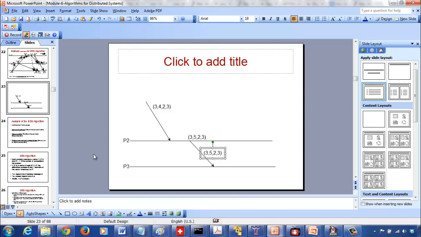So what it should be is P3 should have received all those 3 messages from P1, all those 4 messages prior to this message from P2, and all those 3 messages from P4, because the sending of this particular message happened after all those messages were sent by the other processes.